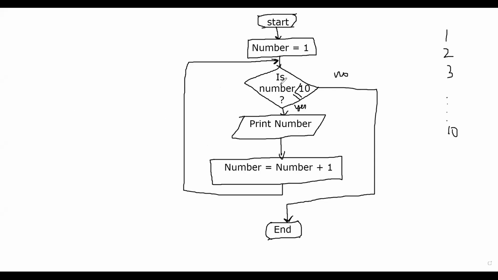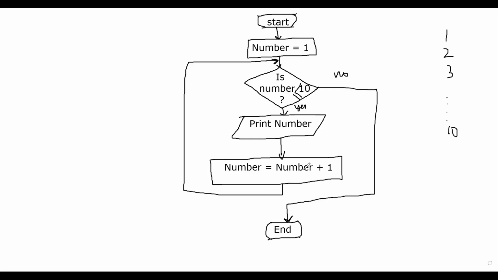So in this particular case, we check whether the number is less than or equal to 10. That means it will print 1 first. You check whether 1 is less than or equal to 10. Yes. You print 1. Then number becomes 2, existing number 1 plus 1. You check whether 2 is less than 10. Yes.